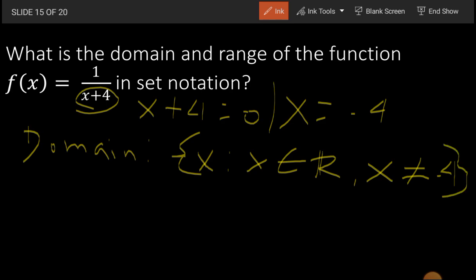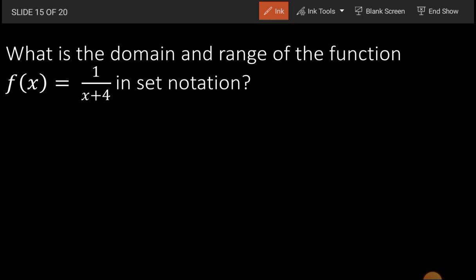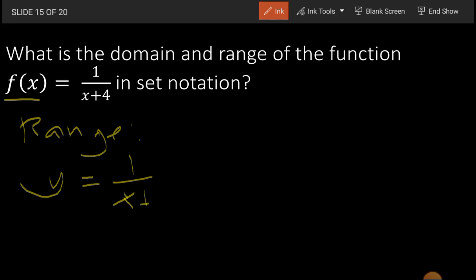And for the range, we have to solve for it. So I will erase our inputs first so we can find the range. To find the range, let us first replace f of x with y. So y equals 1 over x plus 4.